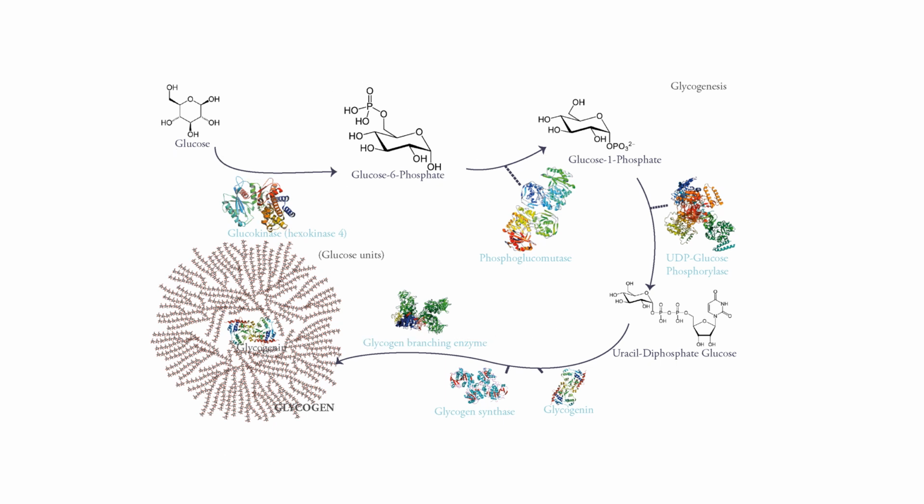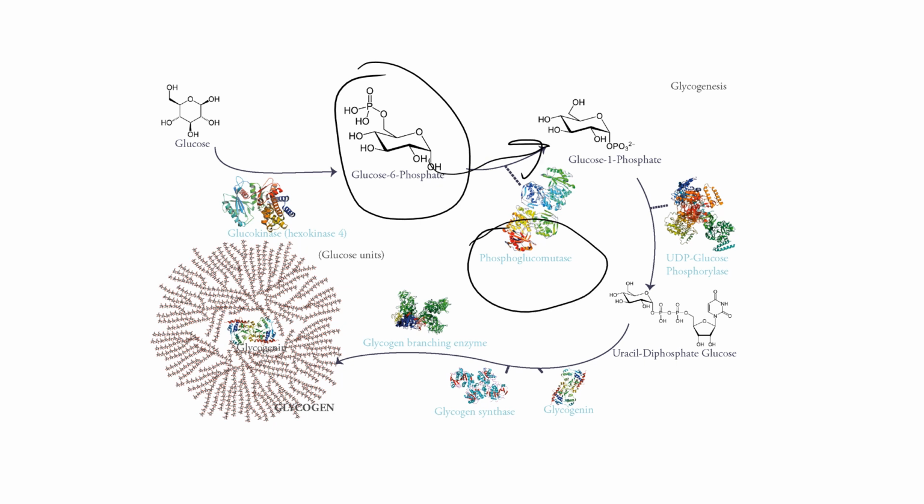These next couple reactions I would not ask you about on the exam, but I'm going to say them for clarity. Okay, so here's glucose 6-phosphate. What we have is this enzyme, which is phosphoglucomutase, and what it does is it scrambles the glucose 6-phosphate molecule a little bit. It changes the location of the phosphate, and glucose 6-phosphate becomes glucose 1-phosphate.